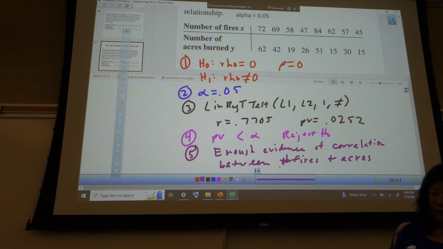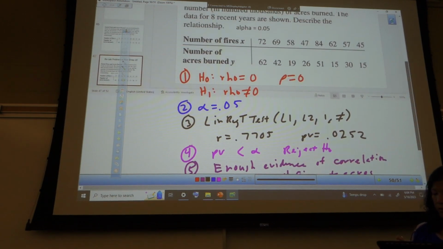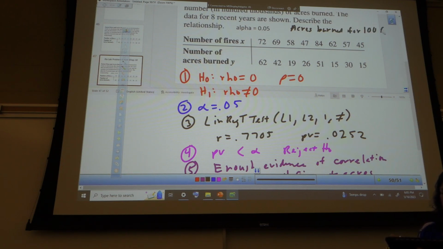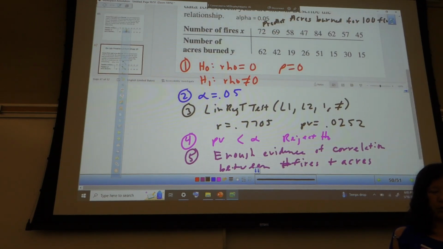So now go ahead and predict the number of acres burned for 100 fires. That's the second part of this. Predict the acres burned for 100 fires.